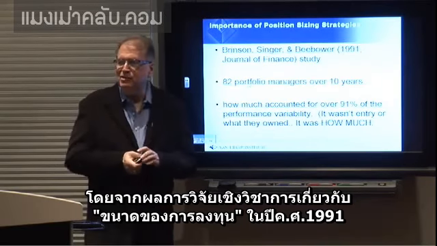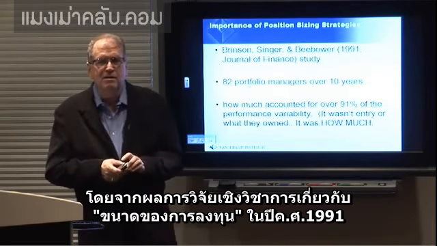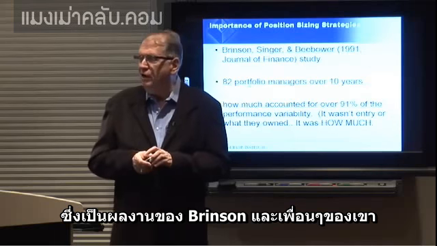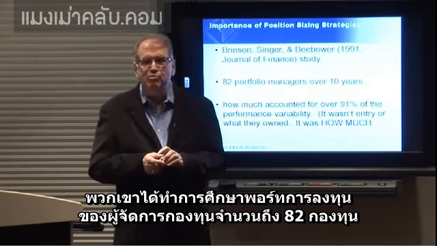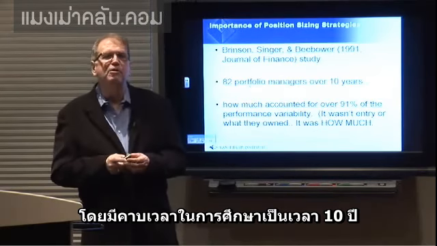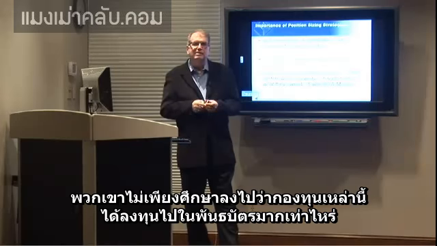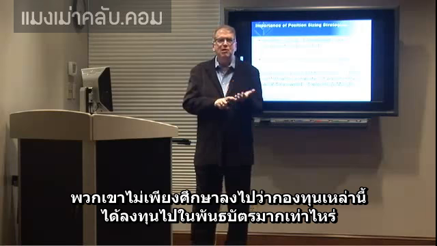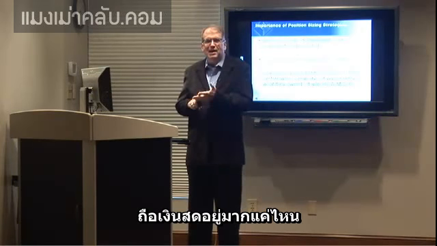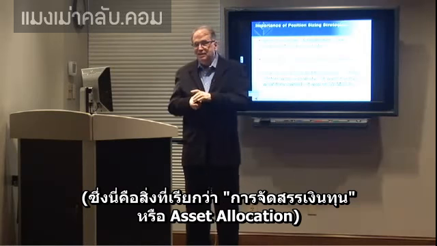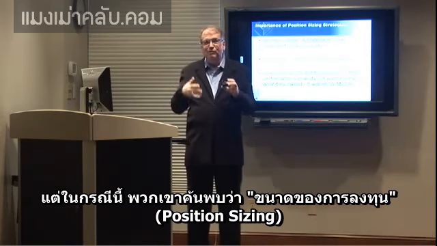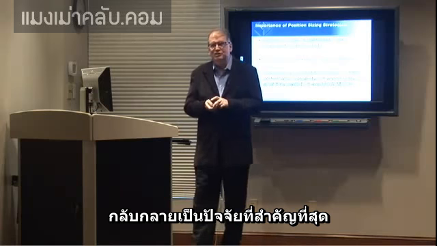There's an academic study in 1991 with Brinson and his colleagues in the Journal of Finance. They studied 82 portfolio managers over a period of 10 years. They looked at how much was in bonds, how much was in cash, how much was in stocks. They called that asset allocation, but in this case it was how much, which is position sizing.